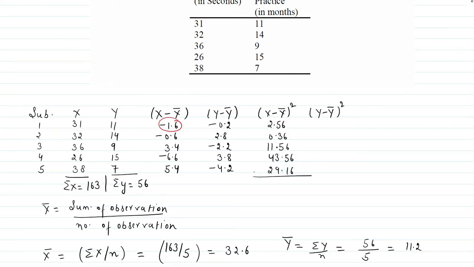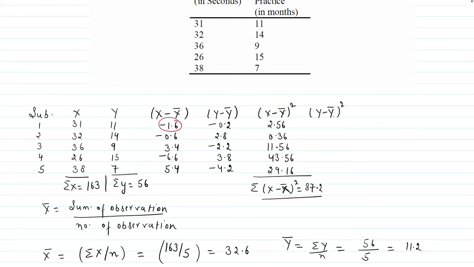Now we calculate the summation of (x minus x bar) squared, which is 2.56 plus 0.36 plus 11.56 and so on, which comes out to be 87.2.